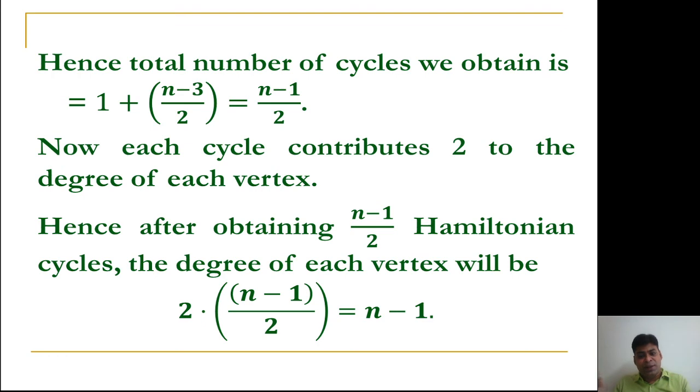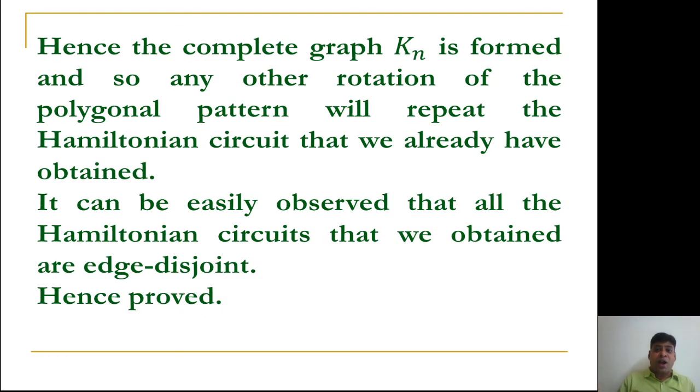The graph is completely covered. A graph Kn will be formed by considering (n minus 1) by 2 Hamiltonian circuits which were edge disjoint, because after ending with (n minus 1) by 2 Hamiltonian circuits, every vertex will have degree n minus 1.